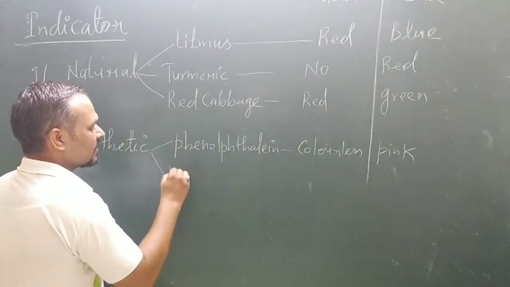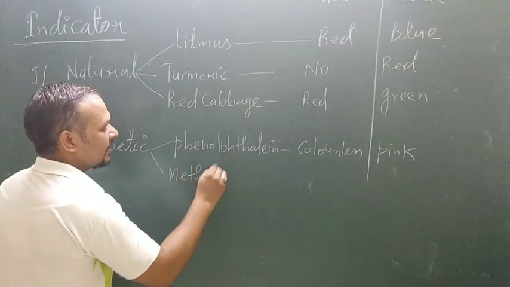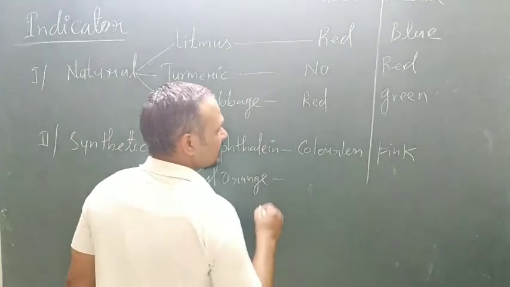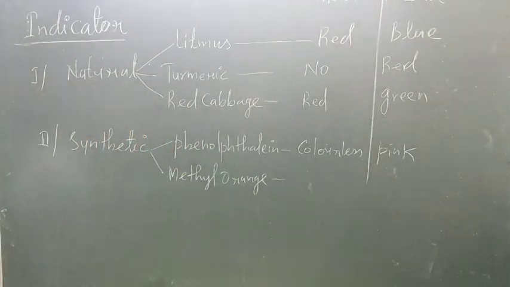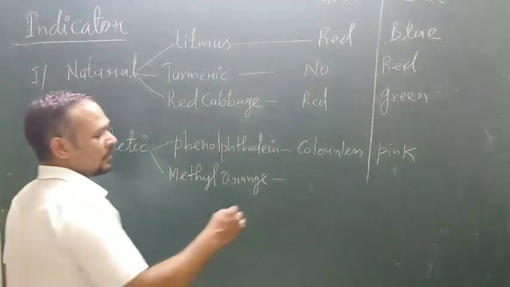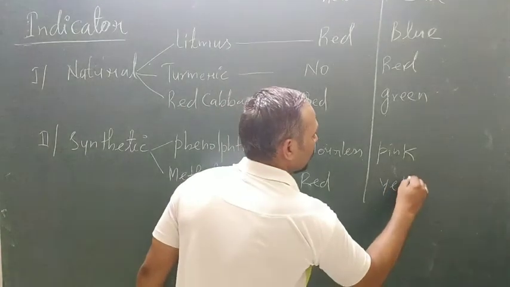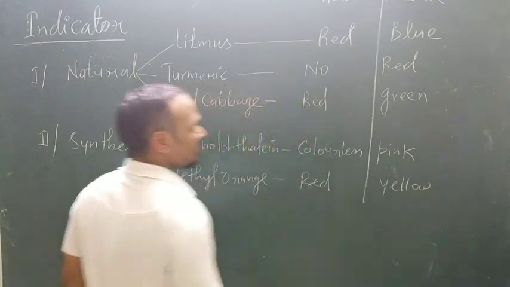The next one is methyl orange, which is red in color in the acidic solution and yellow in the basic solution.